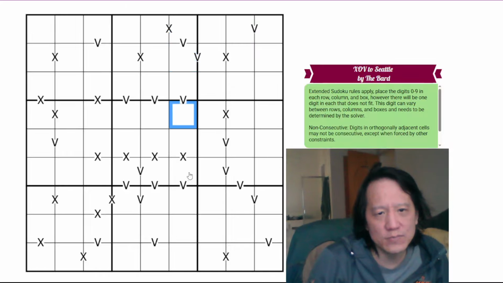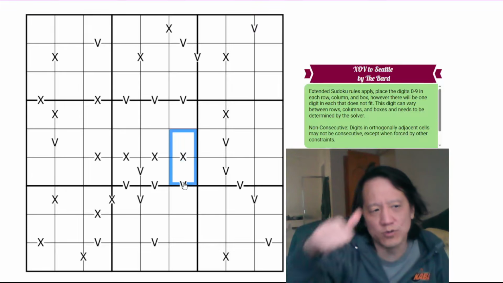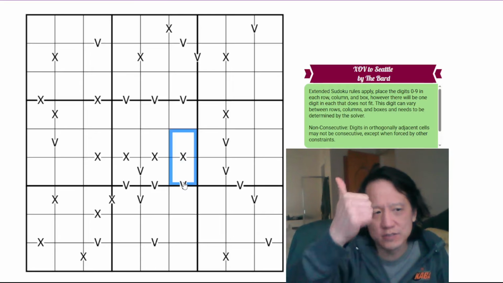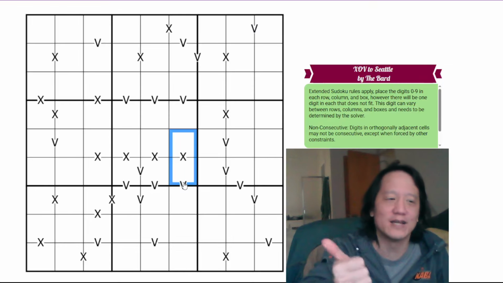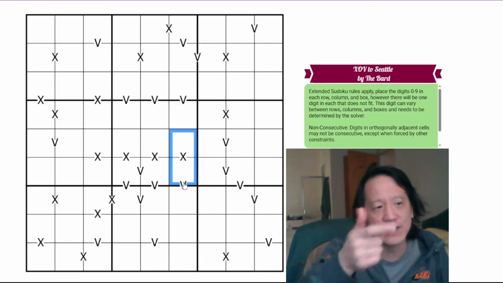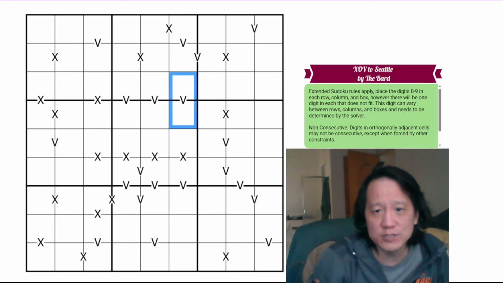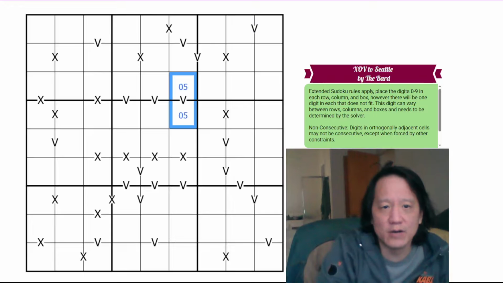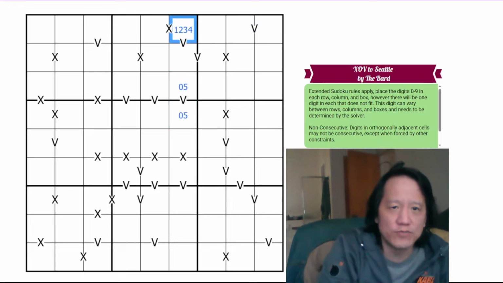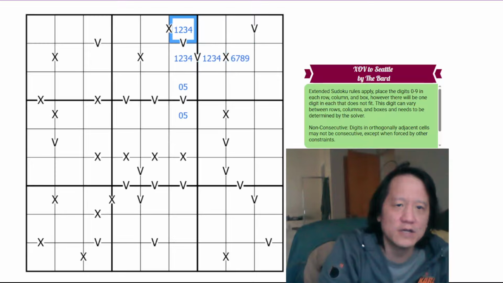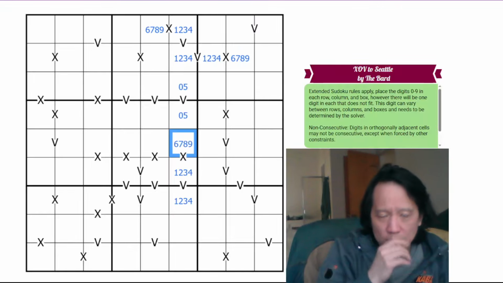Well, the only ones that can be next to an X would be 1, 4, or 2, 3. 0 would have to add up with 10, which is not a digit, and 5 would have to add up with 5, which is not a digit. So this must be a 0, 5 pair, which means the other ones are 1 through 4. So this is 1 through 4 here, 6 through 9 here. This is 1 through 4, 1 through 4, and this is 6 through 9.